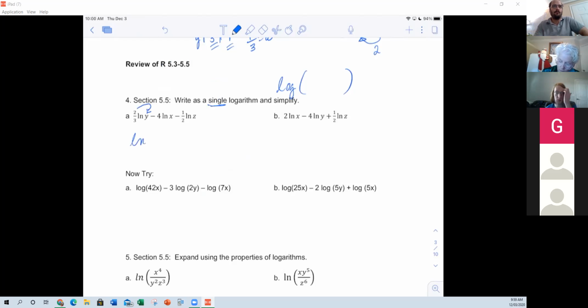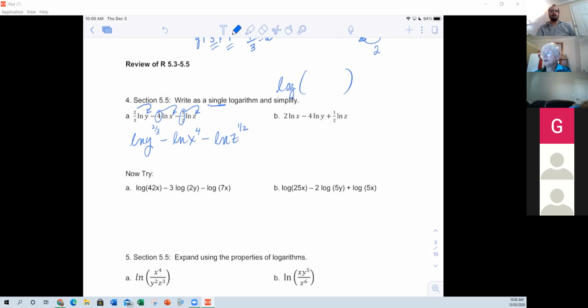So that would be ln y to the 2/3. This 4 can be put on the x. So that's minus ln x to the 4th. And this 1/2 can be put on the z. So that's minus ln z to the 1/2.